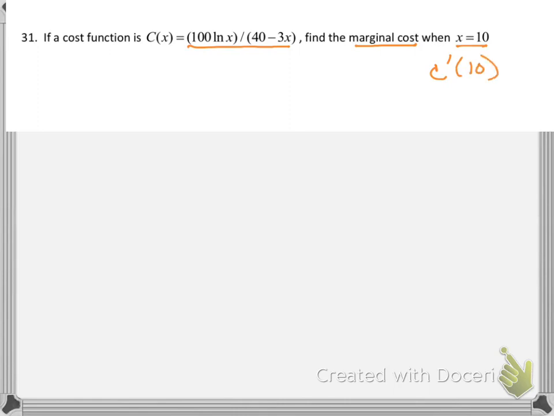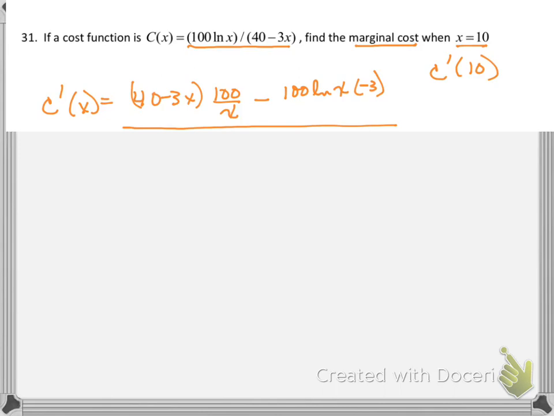That's our goal. Okay, so c prime of x equals low d high, which is 40 minus 3x times d high, which will be 100 over x, minus high, which is 100 ln x, d low, which is just negative 3, all over 40 minus 3x squared.